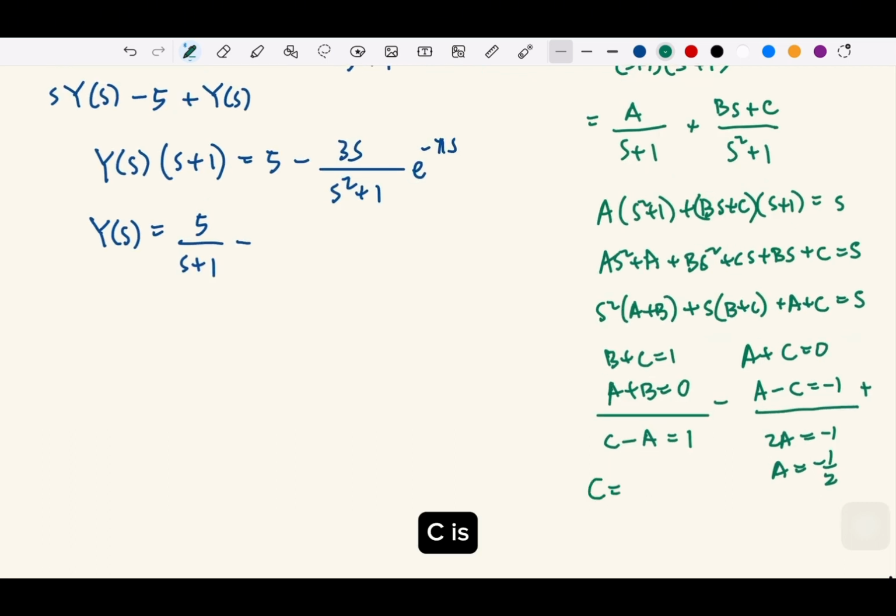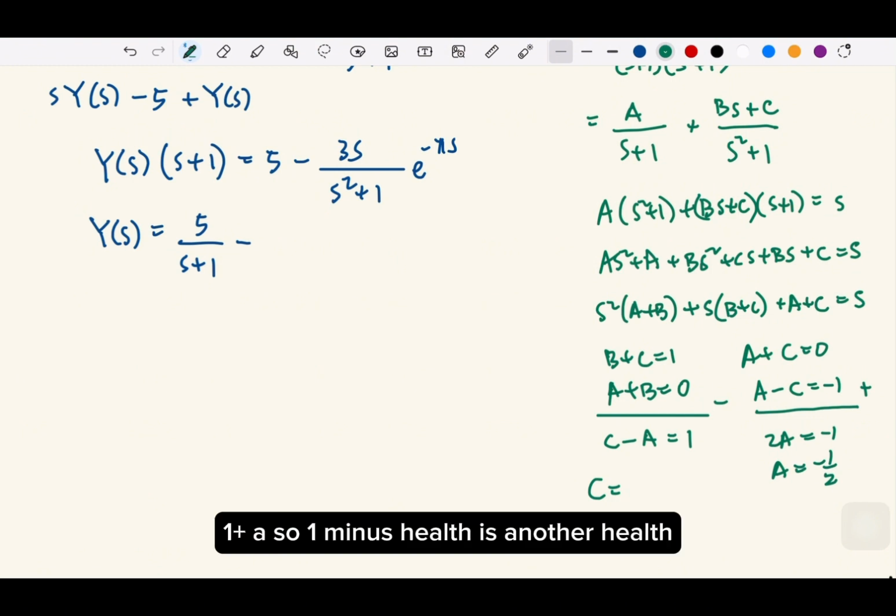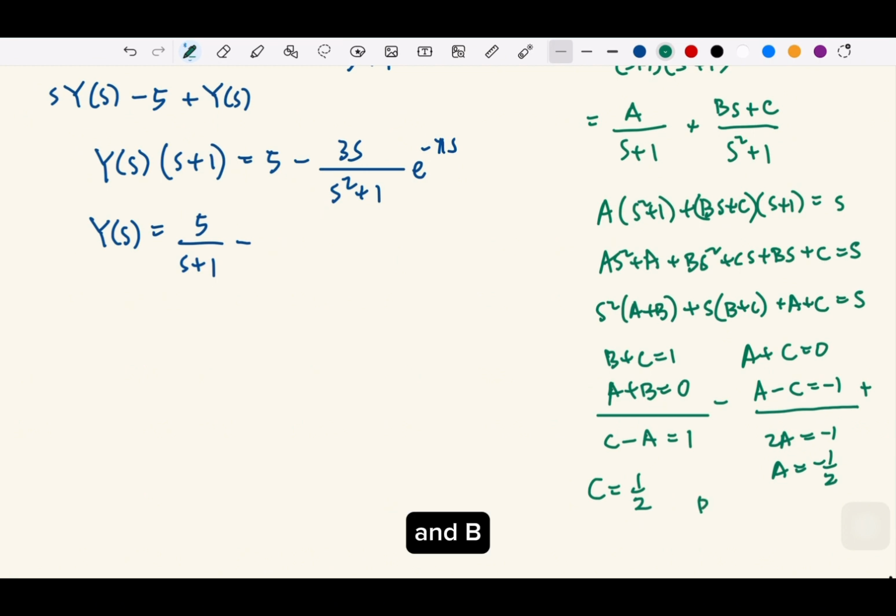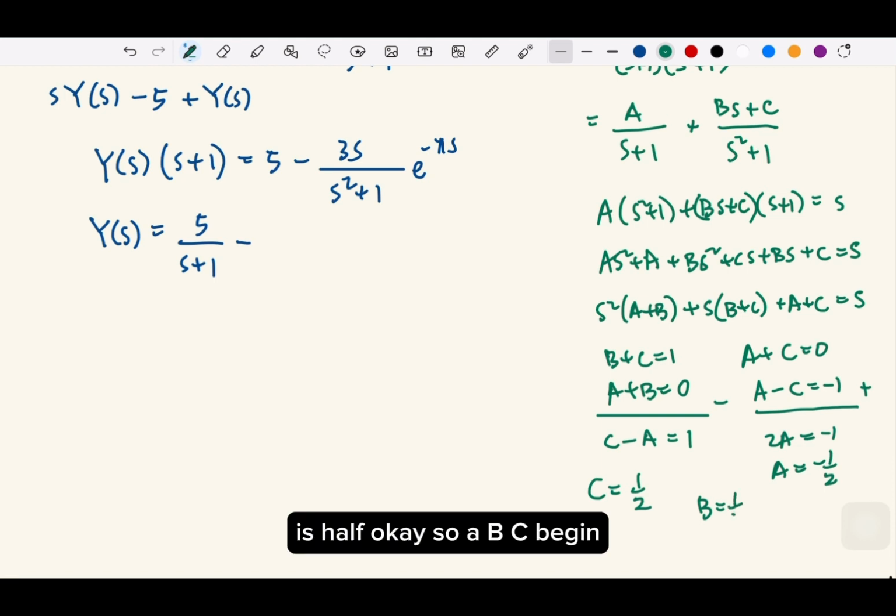C is 1 plus a, so 1 minus half is another half. And b is half. Okay, so a, b, c we get.